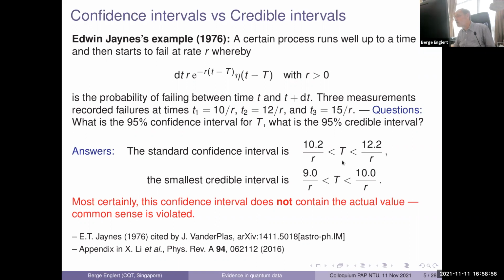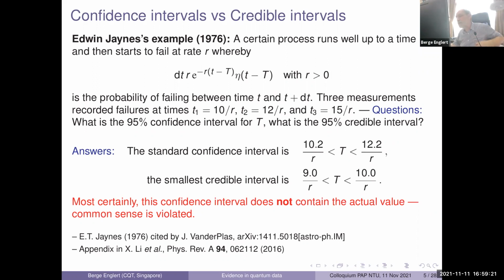You know that it is outside because the data tell you that it is outside. Nevertheless, this is a perfectly correctly constructed confidence interval from a standard set of confidence intervals. It is the standard construction that everybody would automatically use until you notice that it doesn't work.